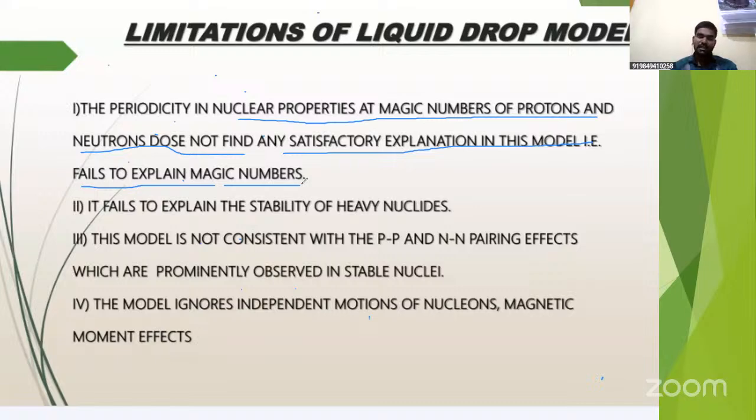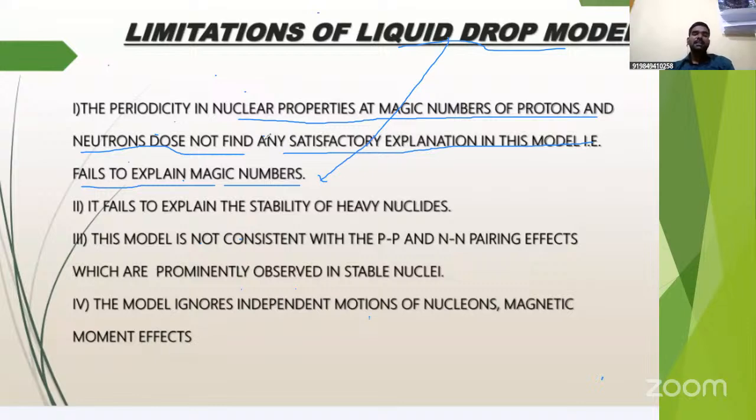At those numbers of atomic number, the stability of the nucleus is very high. Why this stability occurs, this model couldn't explain. The magic numbers aren't explained by this liquid drop model. This is one failure.